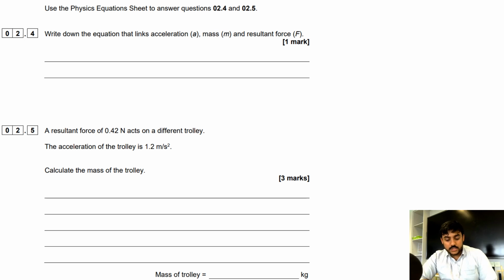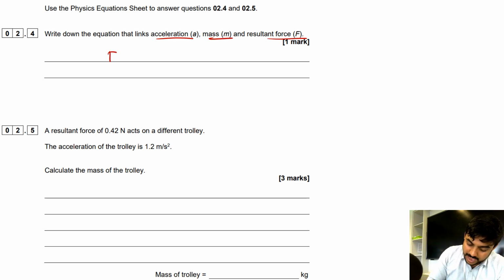Use the physics equation sheet to answer questions 2.4 and 2.5. This time they are telling us to use the equation: acceleration, mass and force, F equals ma. A resultant force of 0.42 newtons acts on a different trolley. Calculate the acceleration. That's my force.